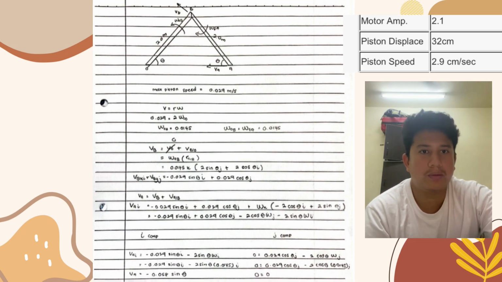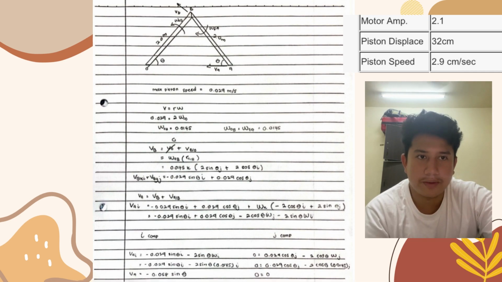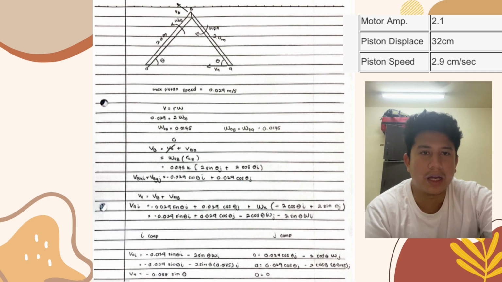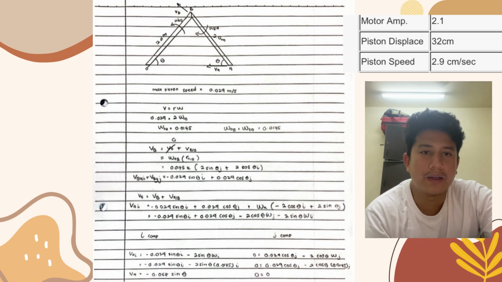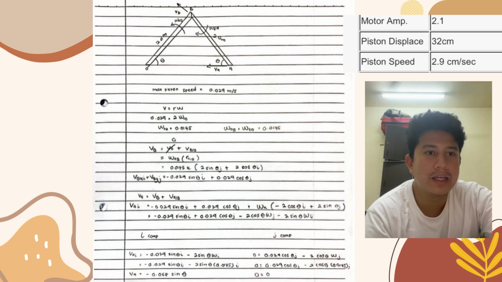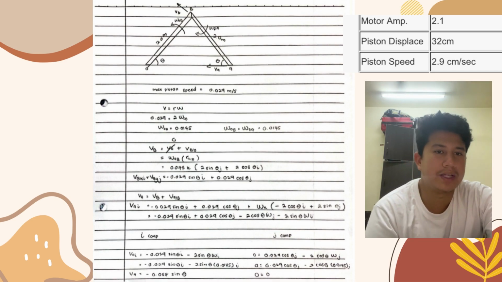We put the VB amount that we already got, plus VAB, which is omega AB times by negative 2 cos delta I plus 2 sin delta J, which are the distances from B to A respectively. And we got negative 0.029 sin delta I plus 0.029 cos delta J minus 2 cos delta omega ABJ minus 2 sin delta omega ABI.